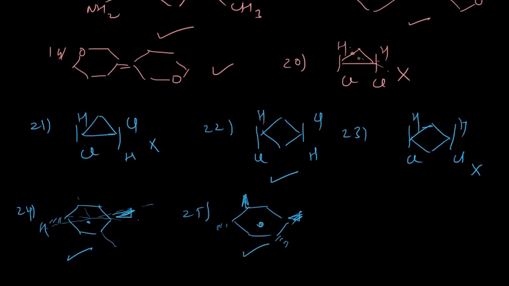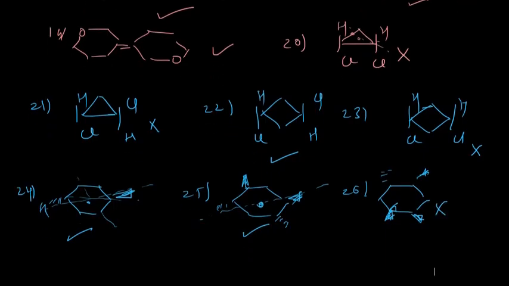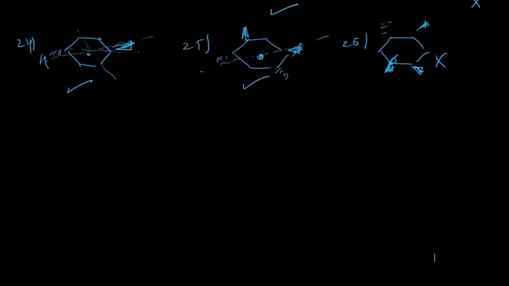25th. Yes, it does have center of symmetry. This center. Here we are drawing a tilted line. We are getting the same carbon on both sides. 26th. There is no center of symmetry. 27th. Chlorine, hydrogen, chlorine, and doesn't have any center of symmetry. 28th.